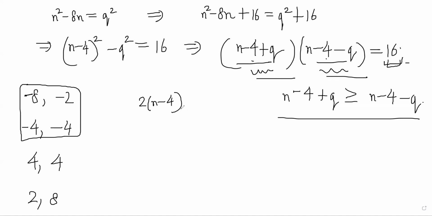Twice of n minus 4 is going to be greater than minus 8. The sum here is coming out to be minus 8 or more.